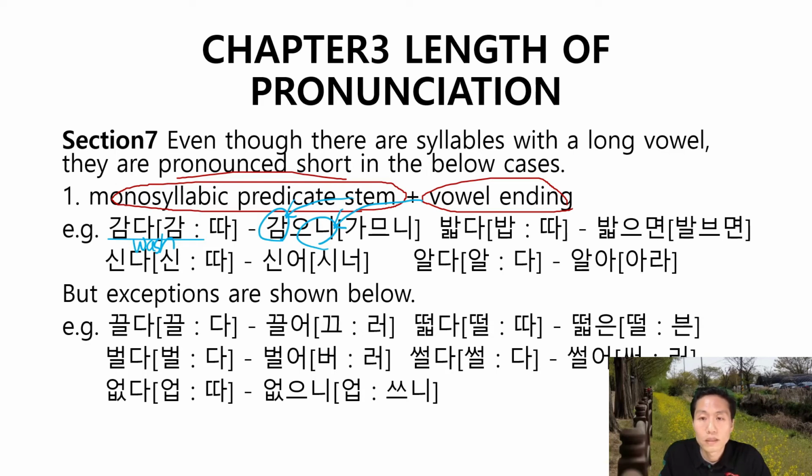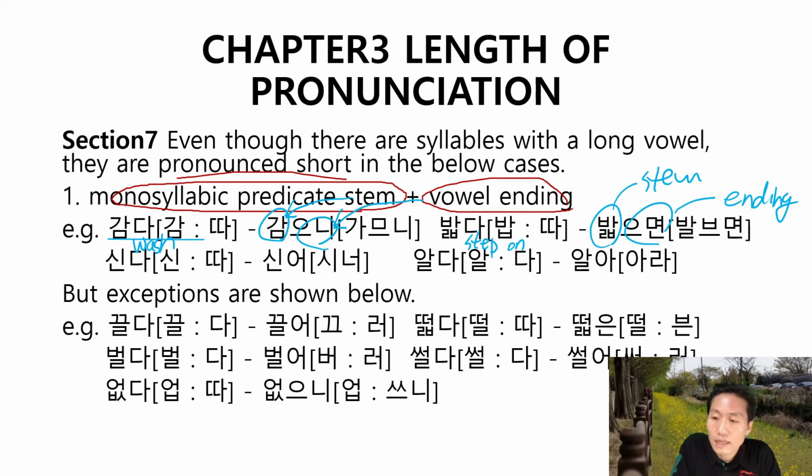Okay, in this case they don't have a long vowel. 밟다 means step on. It's a basic form. Okay, and 밟 is a stem for the predicate, and 으면 is a vowel ending.